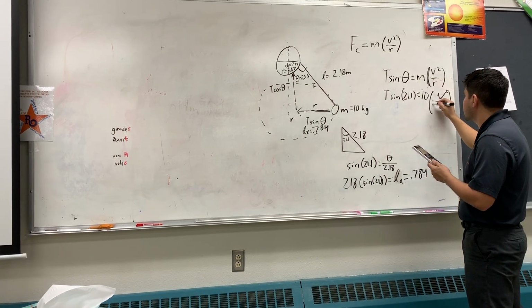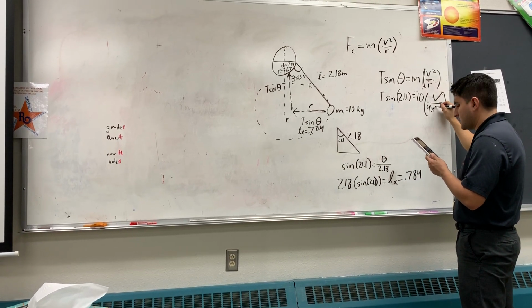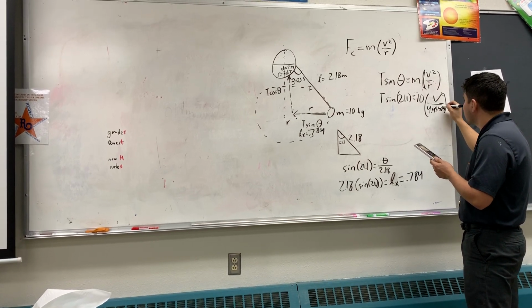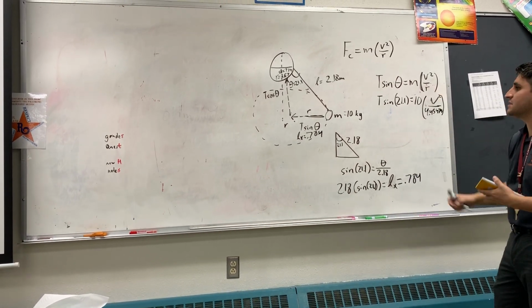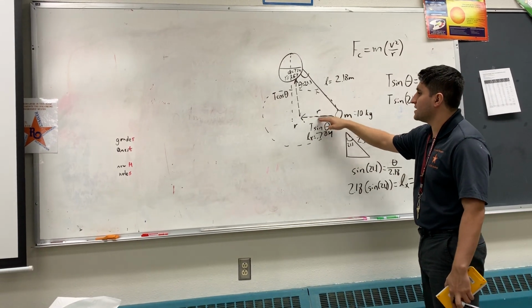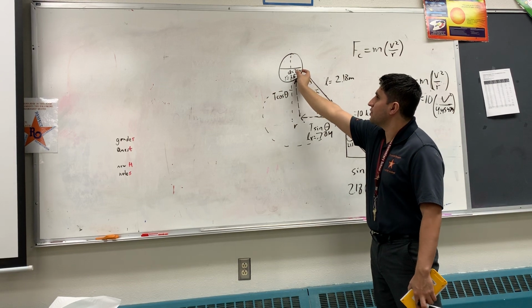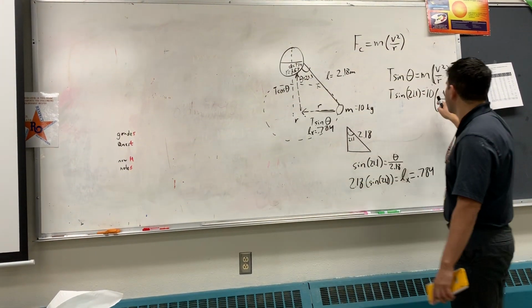So my radius is 4.45479 if I want to use all numbers. So how did I get that radius? It was the horizontal length of the rope plus the radius of the center circle. That's how I got that R.